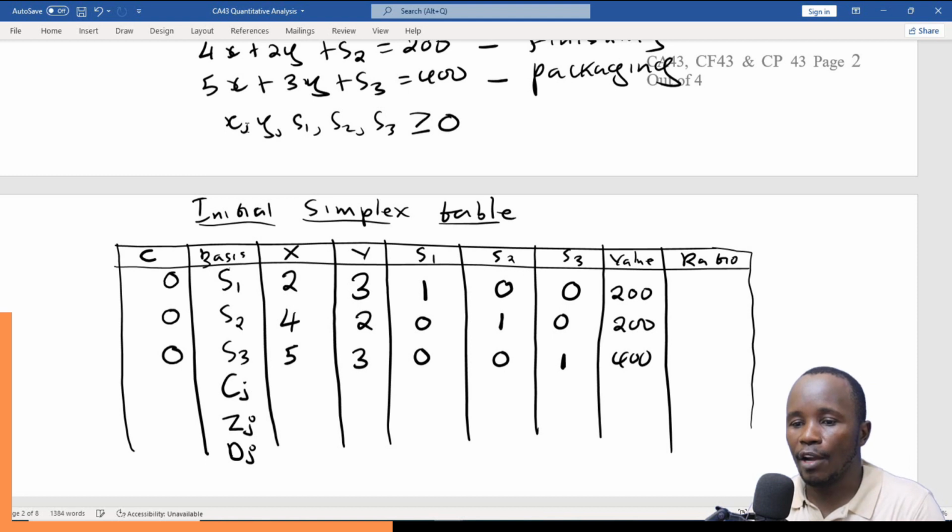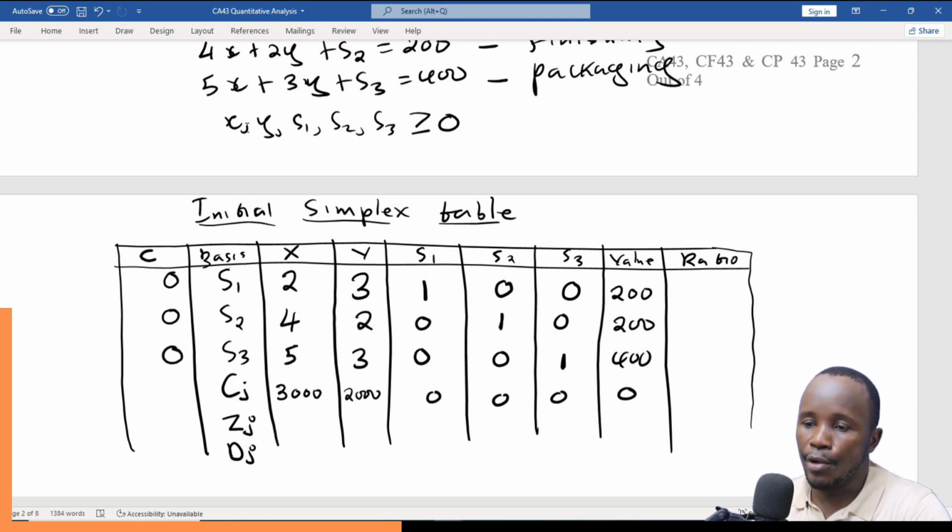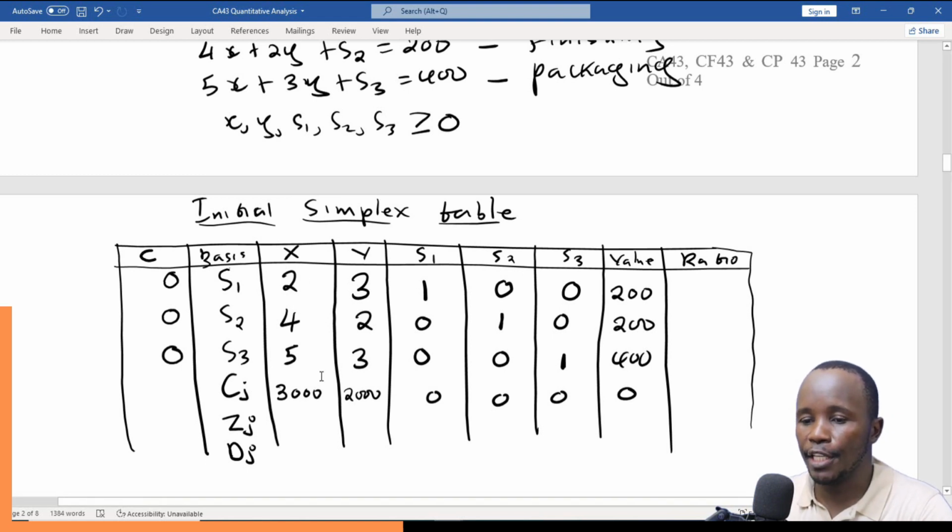Cj are the coefficients of the objective function, and they're going to remain the same throughout, which is 3000, 2000, 0, 0, 0, and 0. Zj, how do we come up with Zj? In our initial simplex table, Zj will be 0.